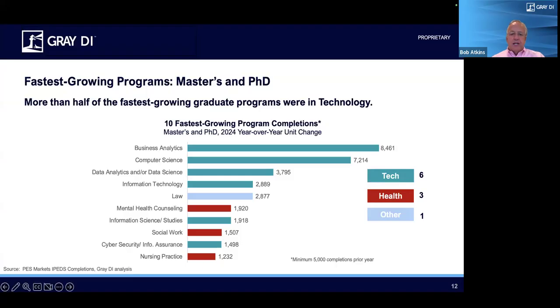We have a couple of other tech here as well. Information science, almost 2,000, and cybersecurity makes the list again at 1,500 incremental completions. We have 3 health programs: mental health counseling, social work, and nursing practice, and 1 other, law. So it turns out that completing a law program is a growing area.